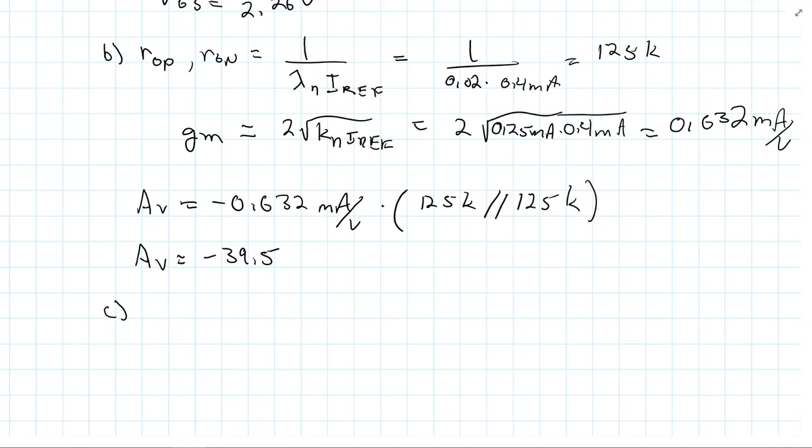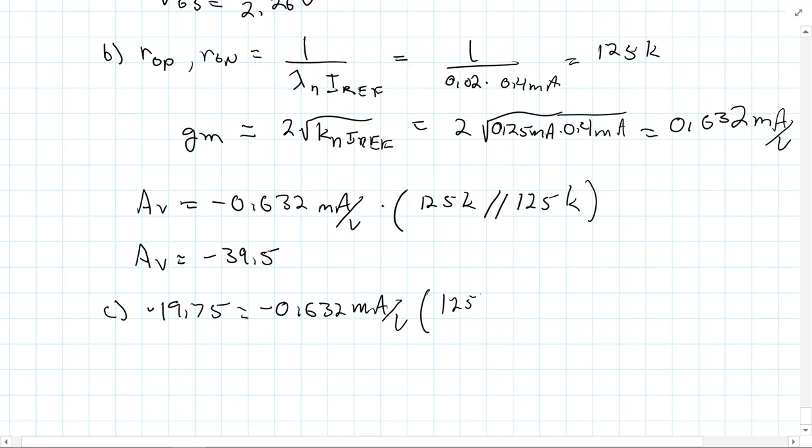So this would be negative 19.75 has to equal negative 0.632 milliamps per volt times 125K in parallel with 125K in parallel with the load.